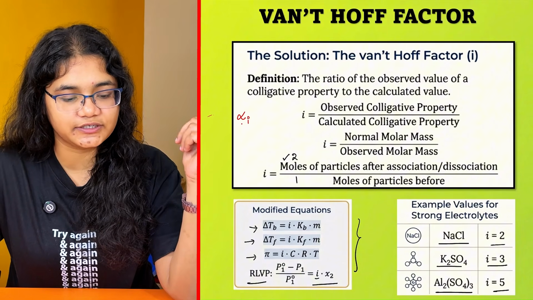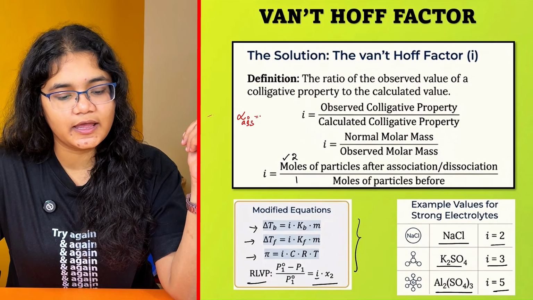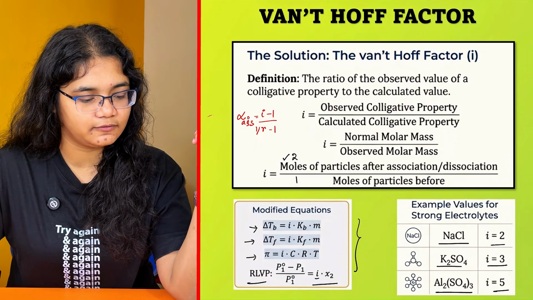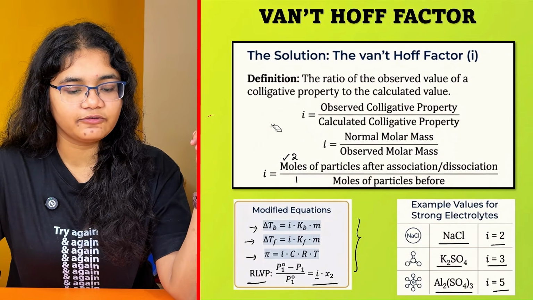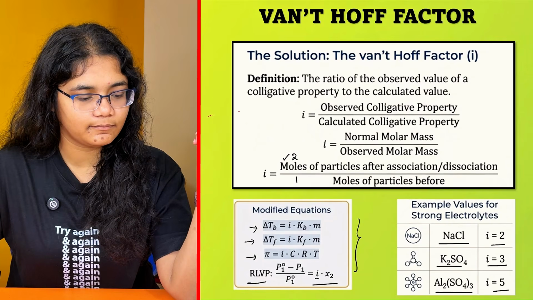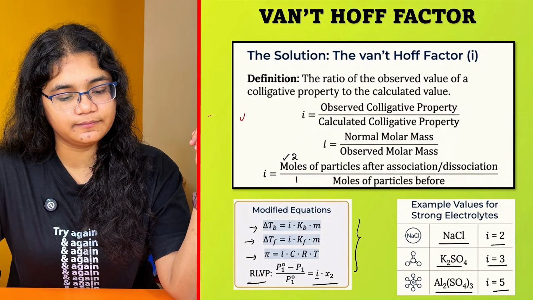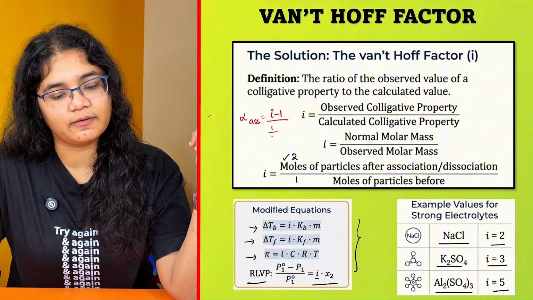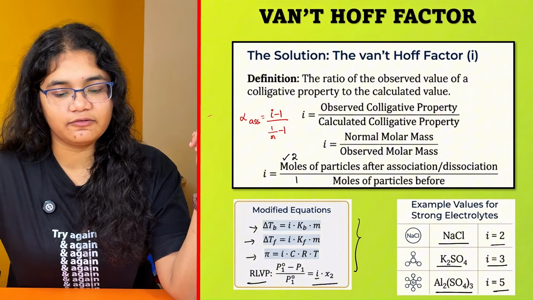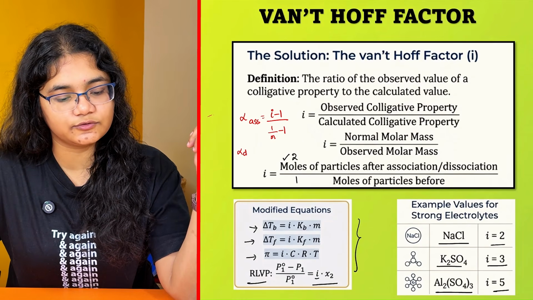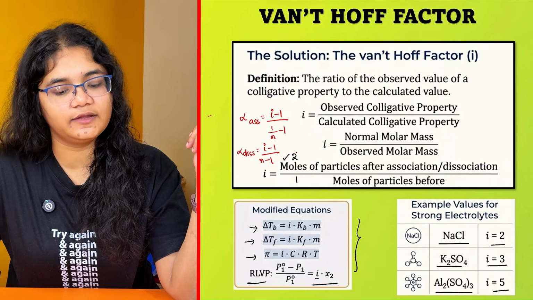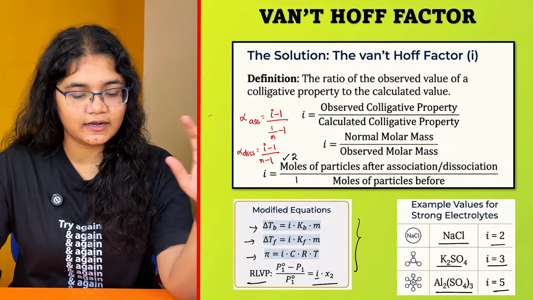If the association is taking place, then for association, alpha is equal to (i minus 1) by (n minus 1). And if the solute is undergoing dissociation, then alpha is equal to (i minus 1) by (n minus 1). Okay, so that is there.